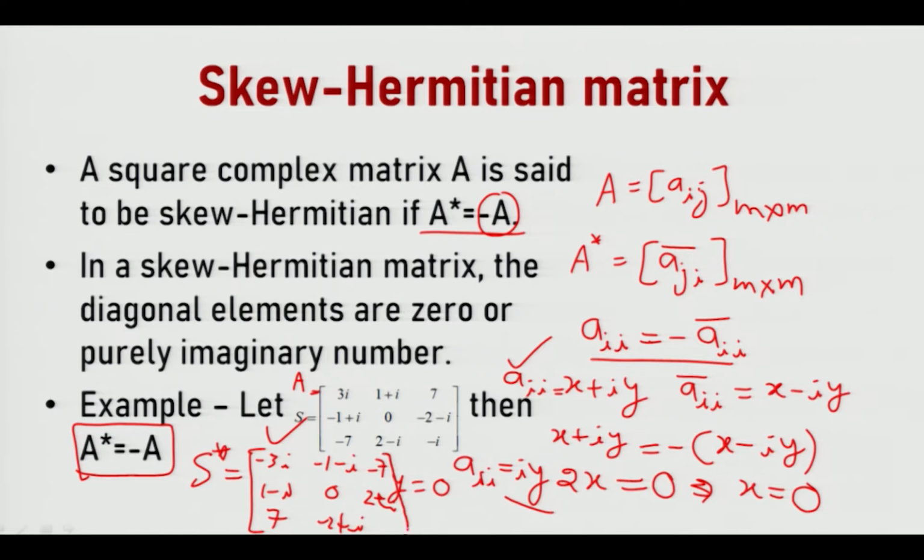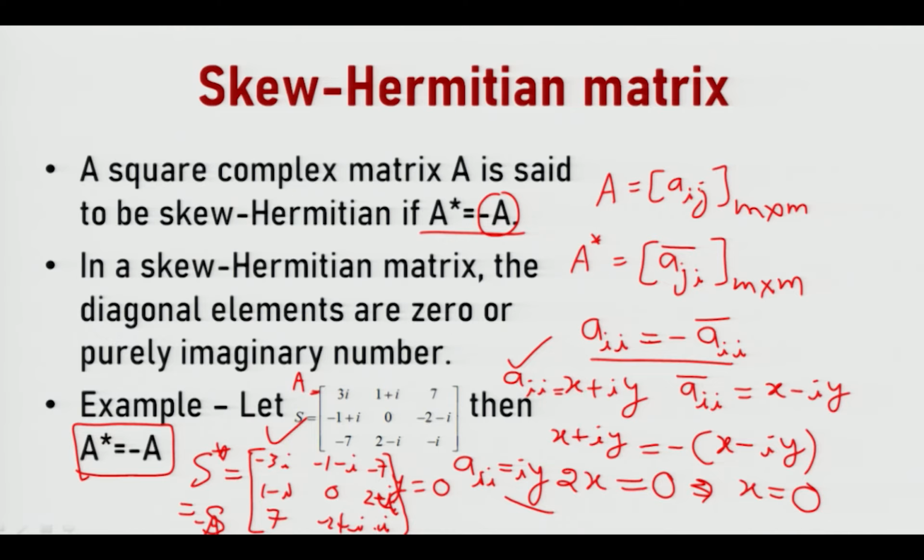The last element is plus iota. So see here, minus 3 iota, minus 1 minus iota. If we take minus sign common, then you will get again the matrix, because if you take minus sign common, then it will be 3 iota, 1 plus iota, and this is 7.